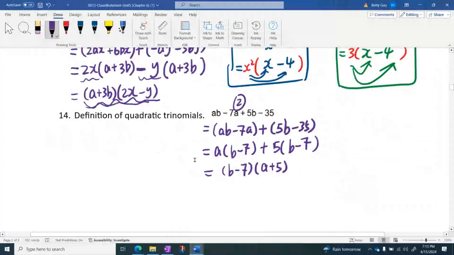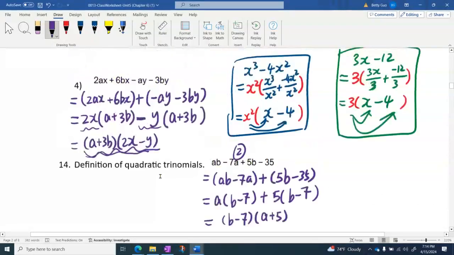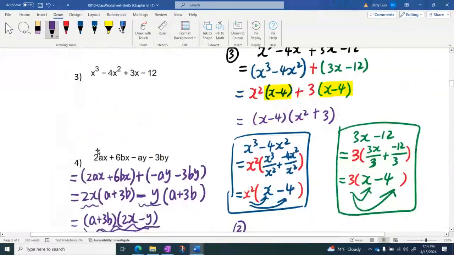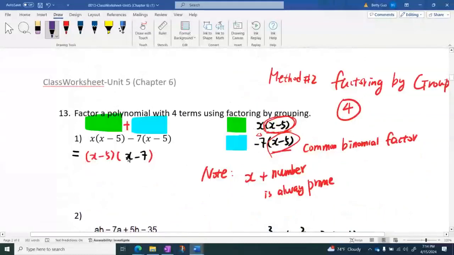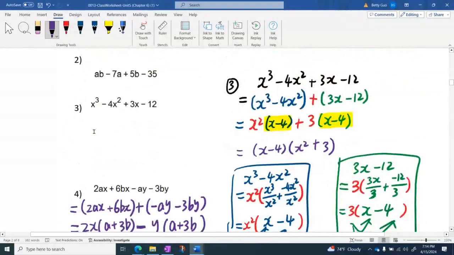Well then, so far we have learned 2 techniques. The first technique is to identify and factor out the GCF of all the terms in the polynomial. And that's also the first step whenever we need to factor a polynomial. I have a question. How come we did not use that first step when we did the factoring by grouping? We did not identify the GCF of all the 4 terms and factor it out. Why didn't we do that?